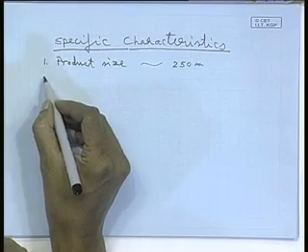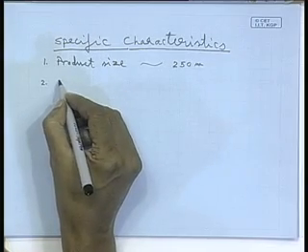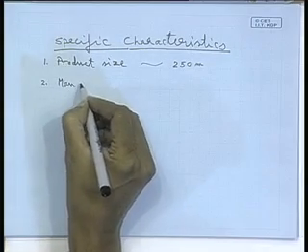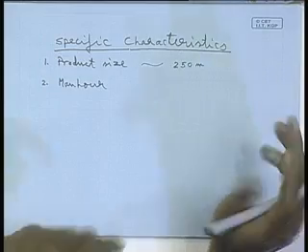The moment the product size is so huge, immediately comes the man-hour requirement for the production. Why is man-hour requirement important? It is the involvement of the number of workers and the period of production, right.